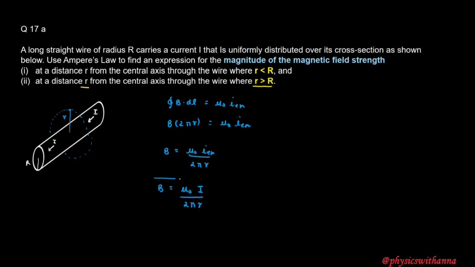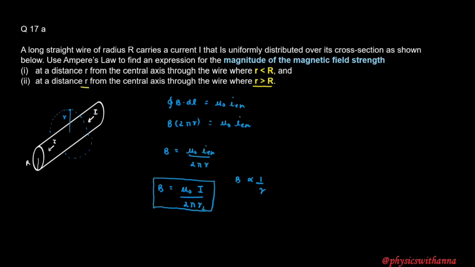So this is the expression for calculating magnetic field at a distance r from the wire at points which are outside the wire. And we can also call this distance r as r perpendicular because these magnetic fields are at points which are perpendicular to the axis of the wire. Now if you notice this expression, you will see that B is inversely proportional to r.